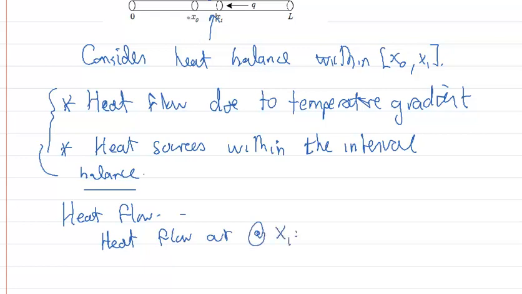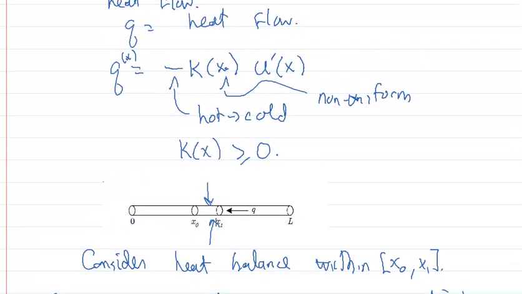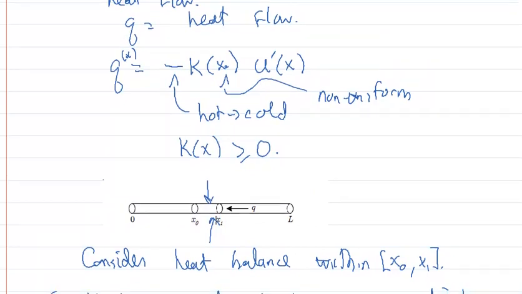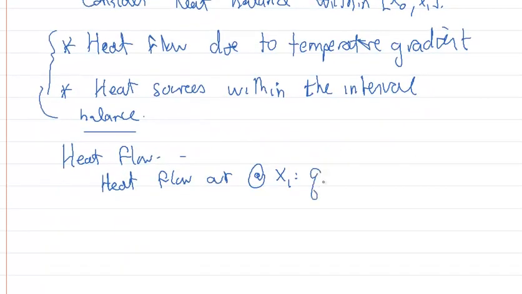Okay. So what's that going to be? Well, I have my expression up here. Q of x is the heat flow. Right. Now, since I'm looking at x1, I should say Q of x1. All right. Q of x1 will be equal to minus kappa of x1 times U prime of x1.